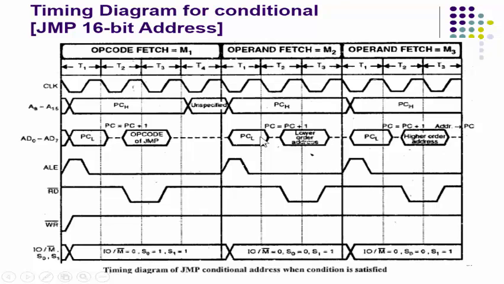In the operand fetch, PC higher content is placed on A8 to A15, PC lower content is placed on AD0 to AD7, and a short duration ALE pulse goes high to demultiplex the address and data bus. In T2 and T3 T states, the read bar signal is made low to fetch the address. So the lower order address is fetched from the memory.